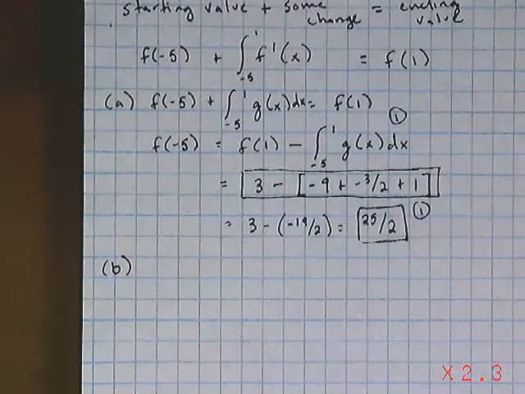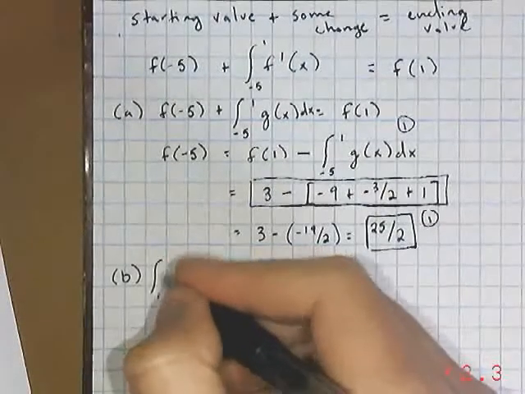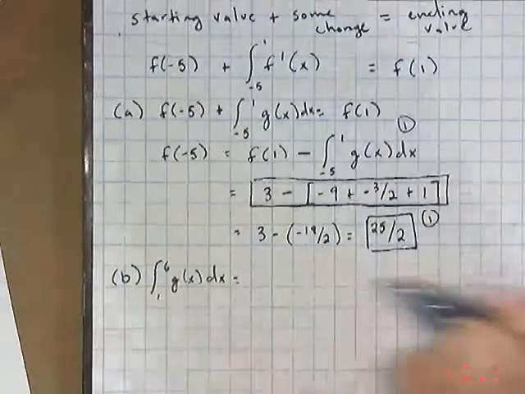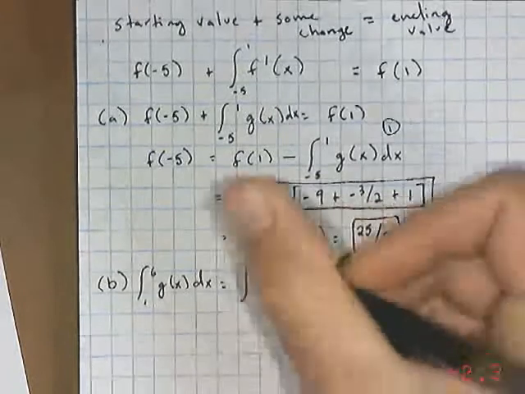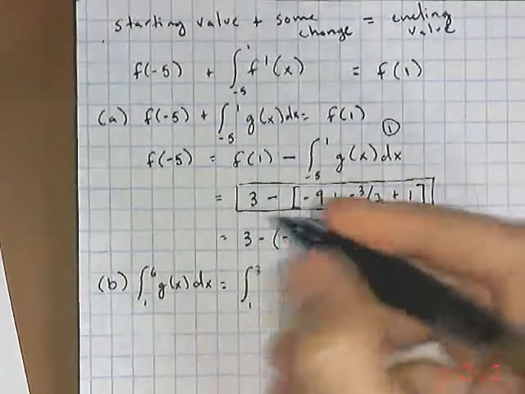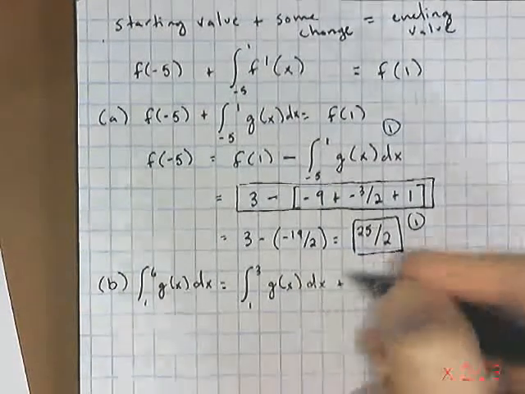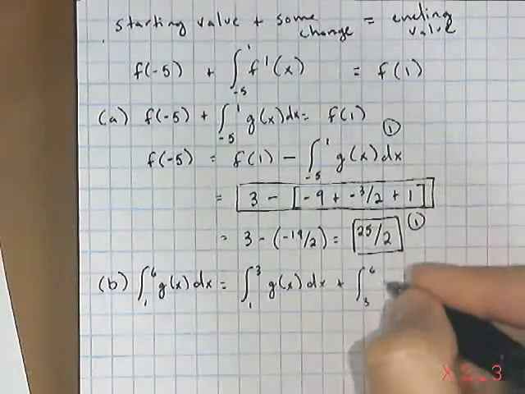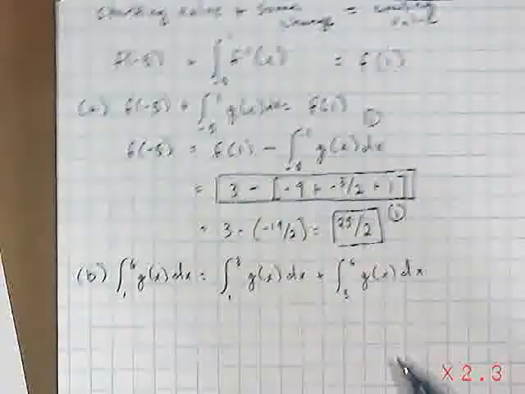So when they ask us for the integral from 1 to 6 of g(x) dx, we're going to treat it instead as the sum of the integral between 1 and 3, which we just figured out is 4, and the integral from 3 to 6.